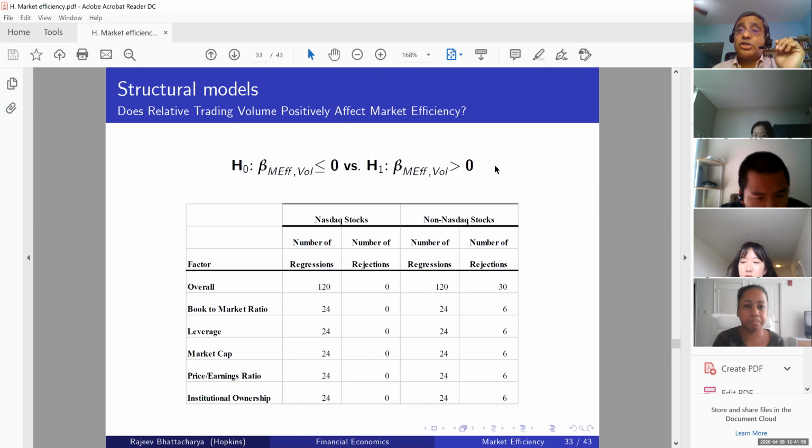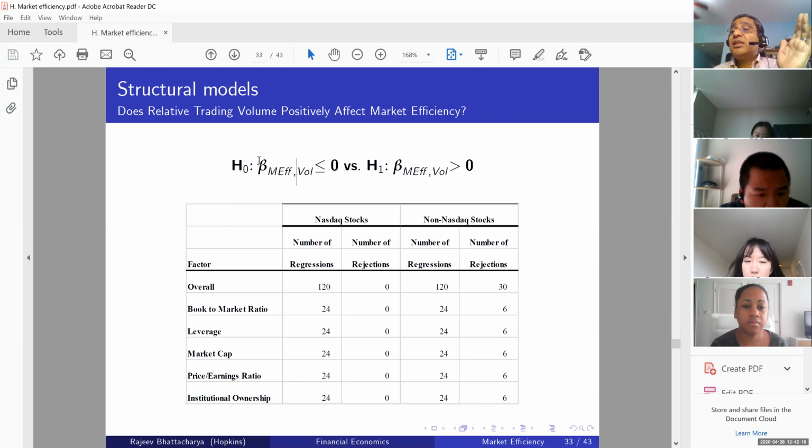The alternate hypothesis is that it is positive. Then we find that there are actually very few rejections, which is to say that the null hypothesis is on the whole not rejected.